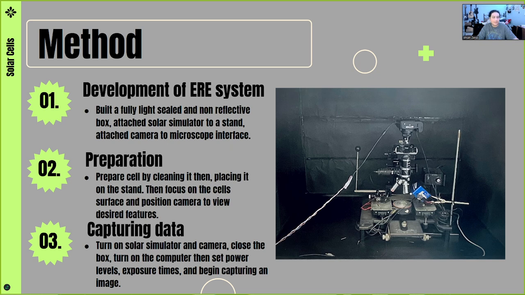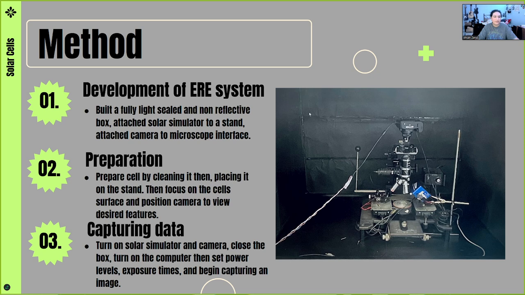So here's the camera, and it's attached to the interface of the microscope, and then we have a solar simulator right here attached at a 35-degree angle to this clamp, which is attached to the stand. And for our box, you can see that it's sealed with this black aluminum foil, and it's sealed at the edges with non-reflective tape. So it creates a fully light-sealed box, and it's non-reflective on the inside.